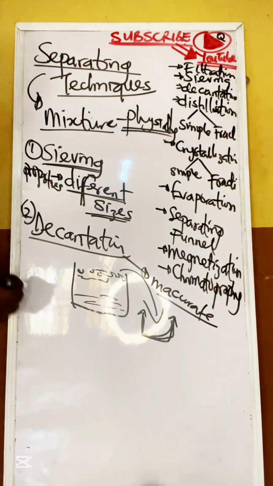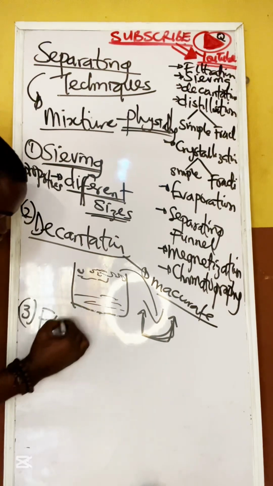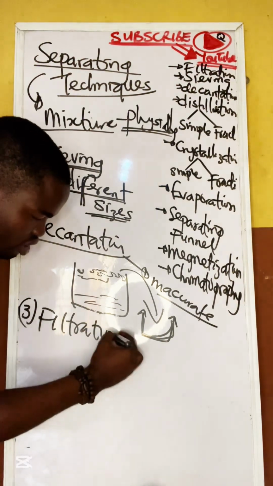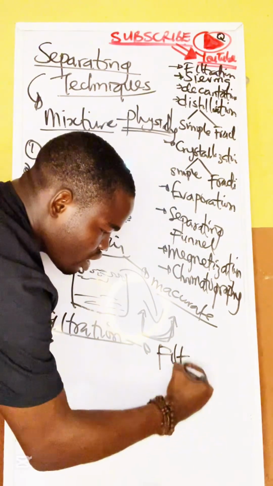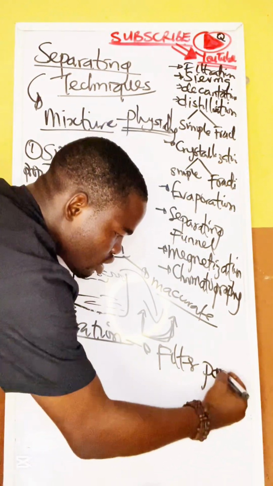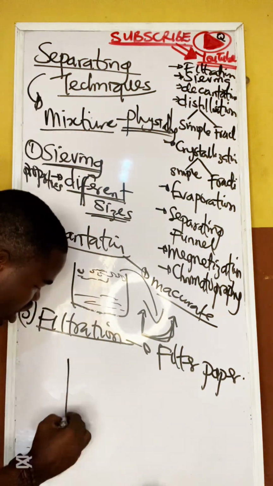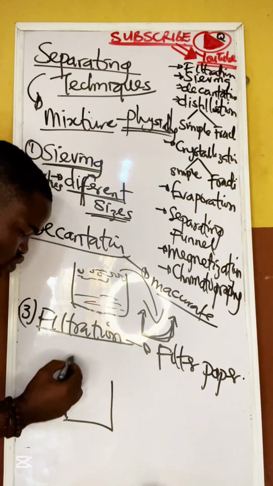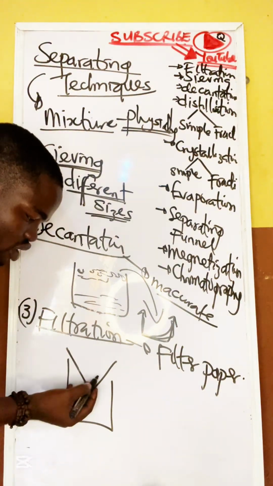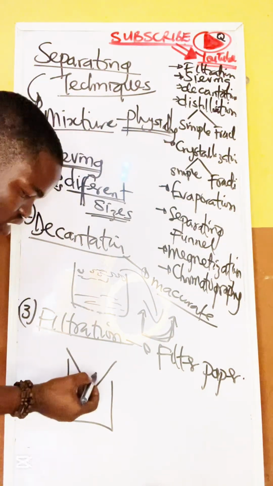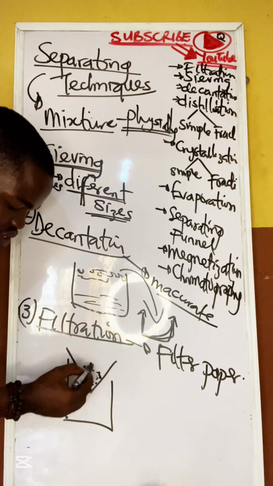Now, number three is filtration. Here we deploy what we call a filter paper. I don't know if in your secondary school you would have done this experiment where you fold that paper. Now you put a salt solution here that can pass through this filter paper.